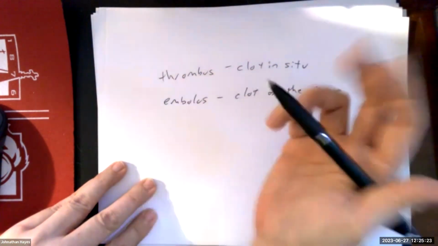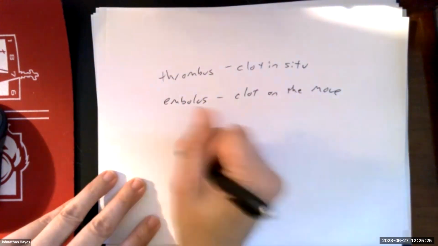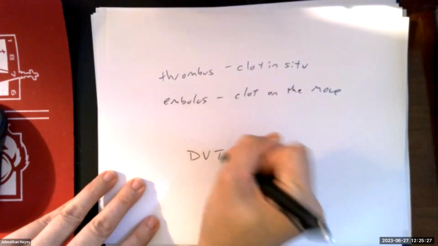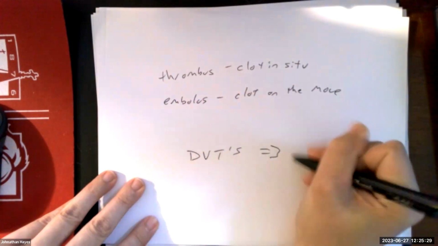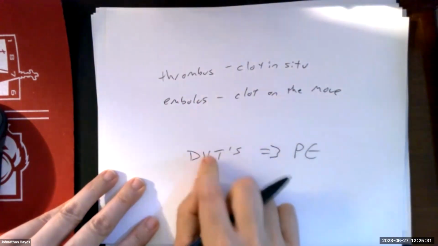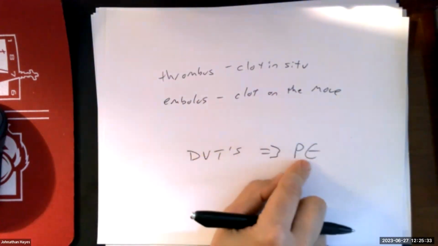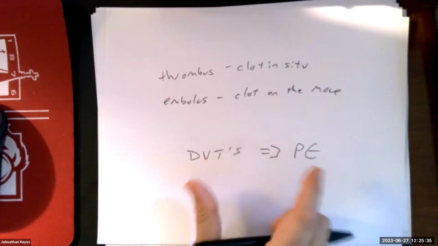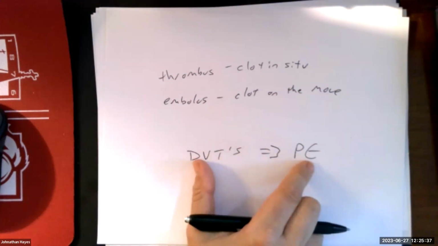So the ones you hear about most obviously are DVTs going on to become PEs. That's a deep vein thrombosis that ends up becoming a pulmonary embolus. So this is something that you would certainly want to check for in patients that are less mobile, that are seated most of the time, elderly that don't have good blood flow to begin with.